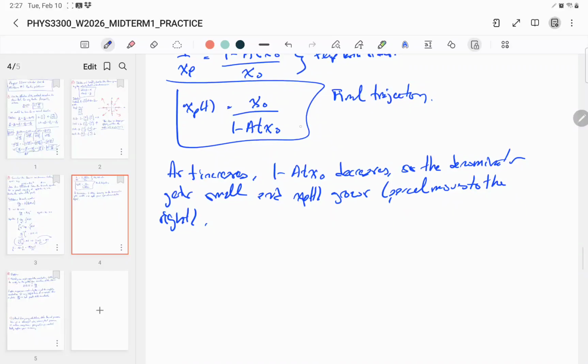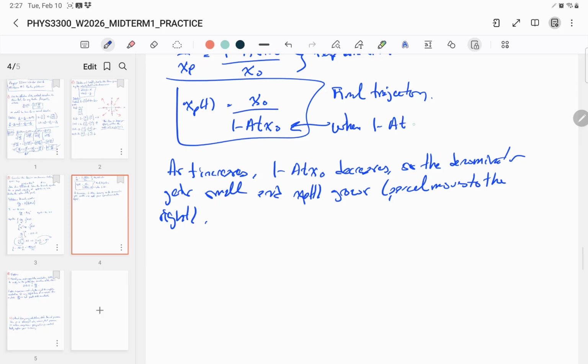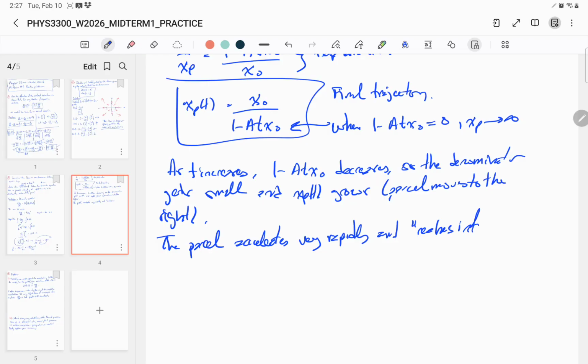And something special happens here when 1 minus at x naught equals 0, the particle actually goes to infinity. And so the particle or parcel accelerates very rapidly, and we'll say reaches infinity at time t equals 1 over a x naught.